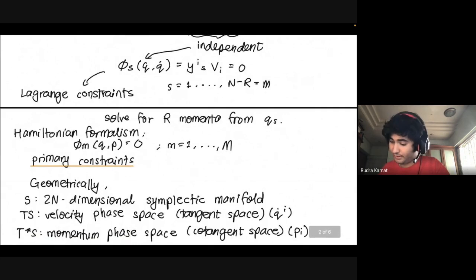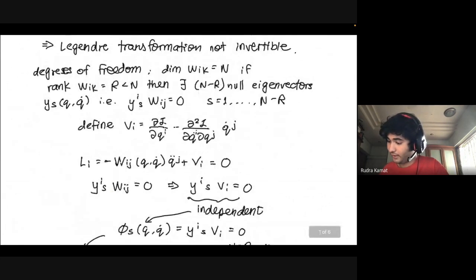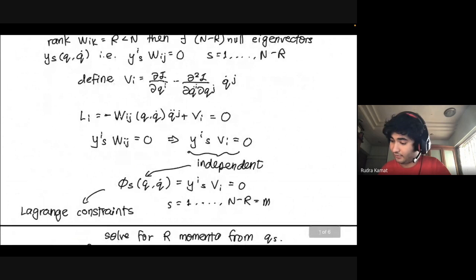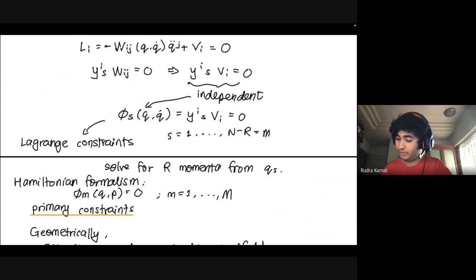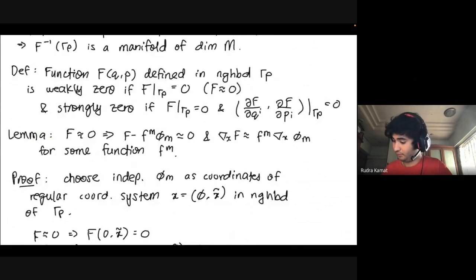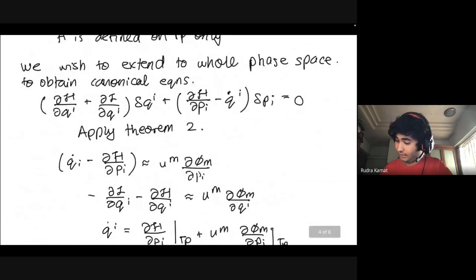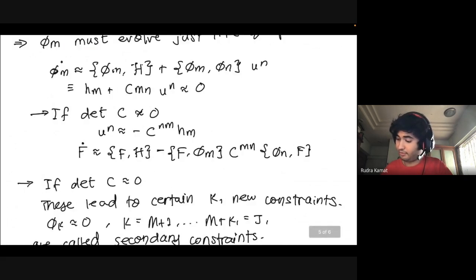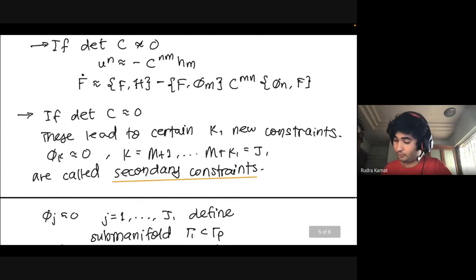The primary constraints we had were because of the Hessian itself: the eigenvalue-eigenvector equation on the Hessian gave us an independent set of Lagrange constraints, which we can convert, putting in the momenta instead of the velocities, and those are called the primary constraints. On the other hand, the secondary constraints arise from the consistency equations themselves. They have nothing to do directly with the rank of the Hessian.